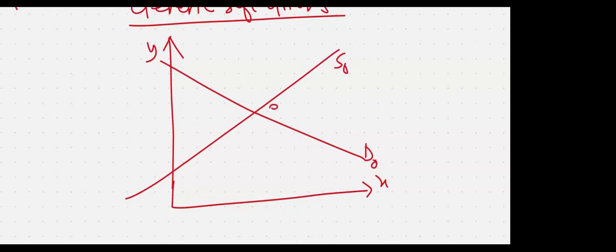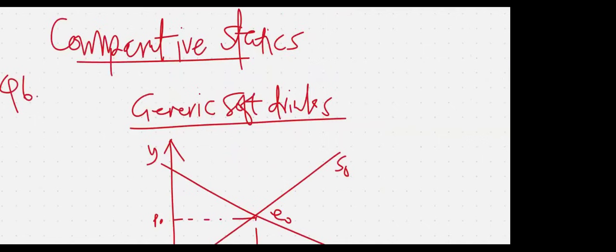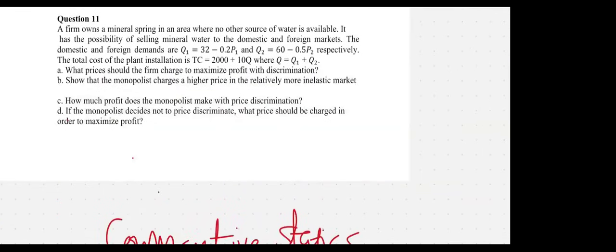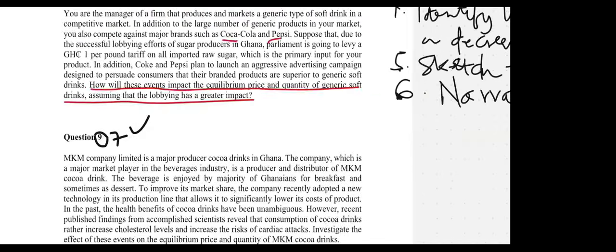Then we say E0 here. Now watch. So now I've sketched the equilibrium graph. Step 2 is done.